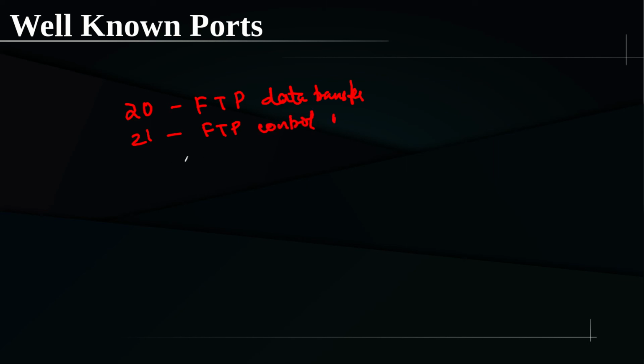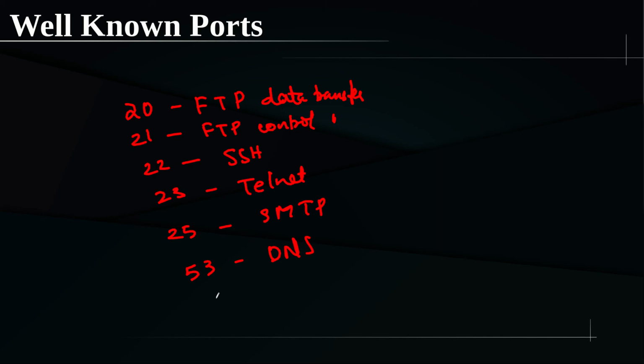Control transfer. 22 is used by the secure shell protocol, and 23 by the Telnet protocol, and 25 by SMTP, simple mail transfer protocol. Then 53 is another important one, being used by the domain name system, DNS. Then 80, in between we have that 67 and 68, right?